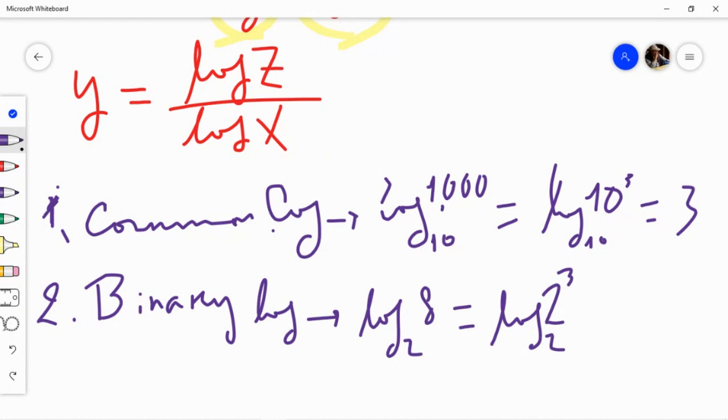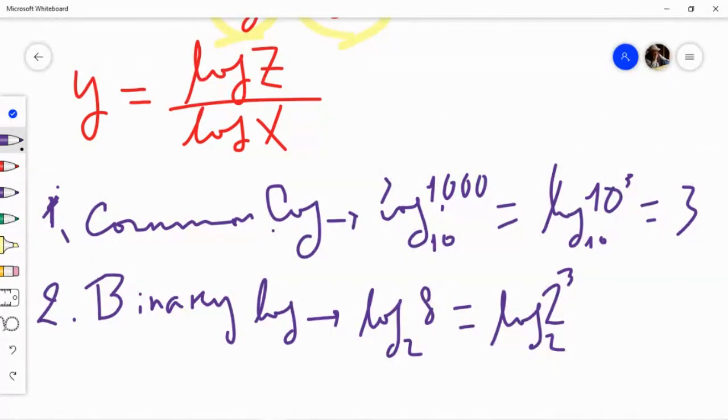Again, if the number you're taking log of is a power of 2, like 16, 32, 64, it will be very easy to do mentally. Of course, you can take binary log of any number, but again, without the calculator, it's hard to calculate it.